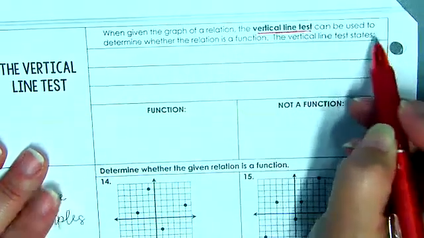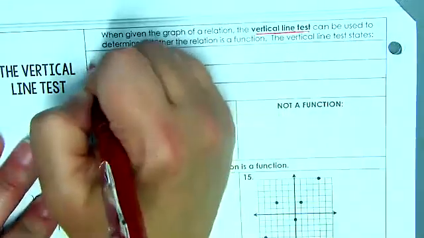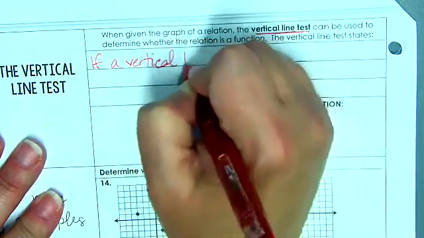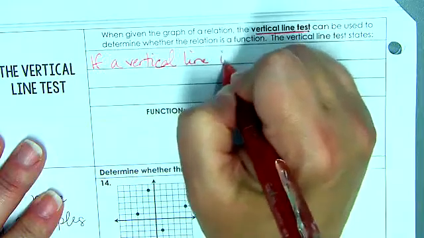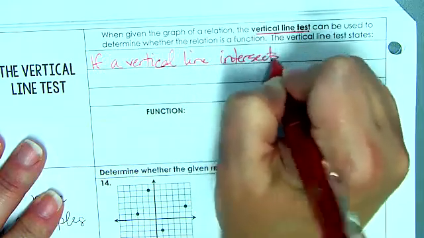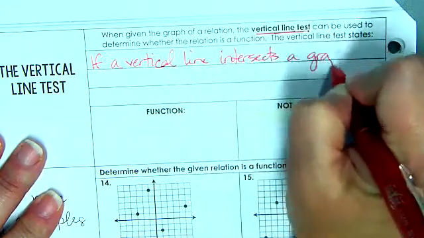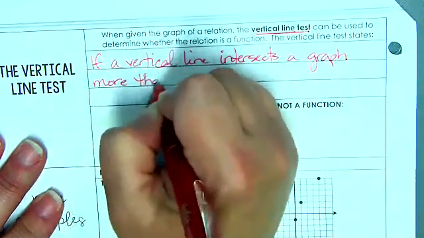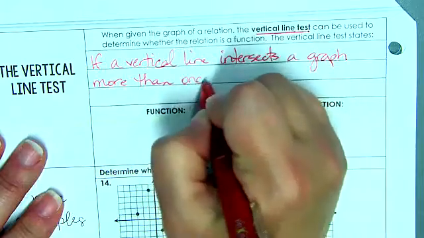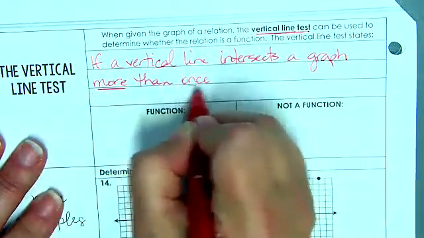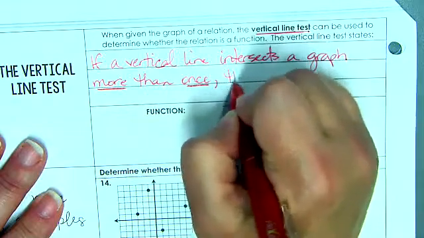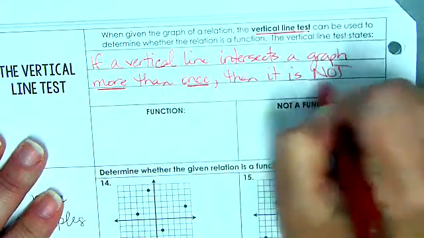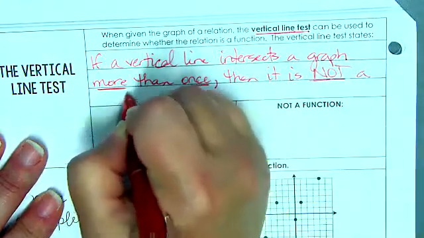The vertical line test states that if a vertical line intersects a graph more than once, then it is not a function.